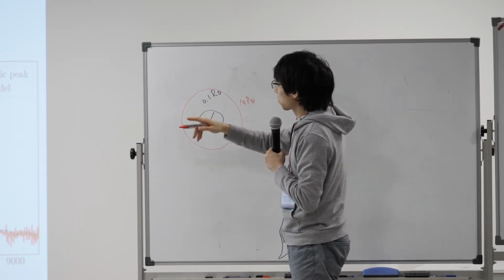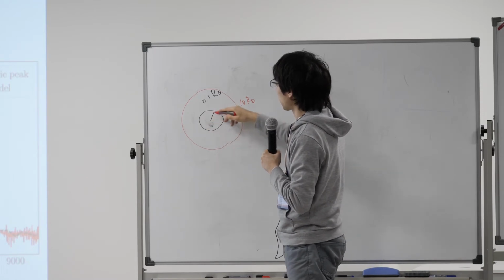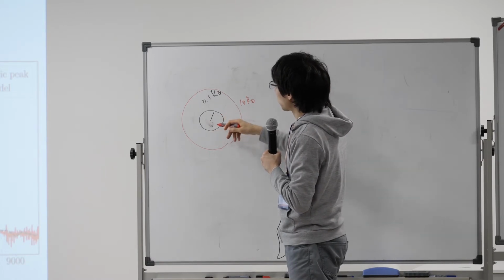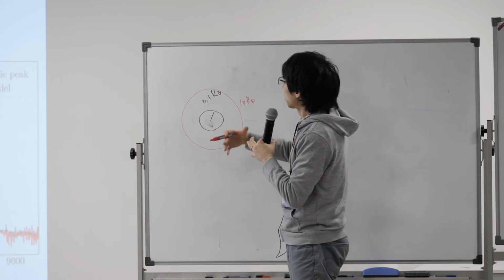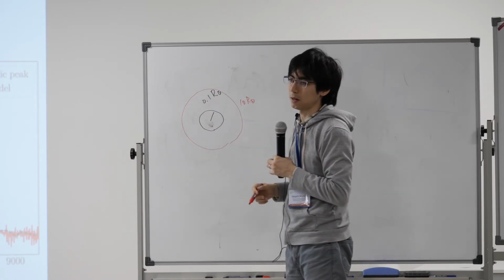So this was not a very simple explosion of the ultra-stripped progenitor, but some part of it should have expanded before the explosion to make this early tail.